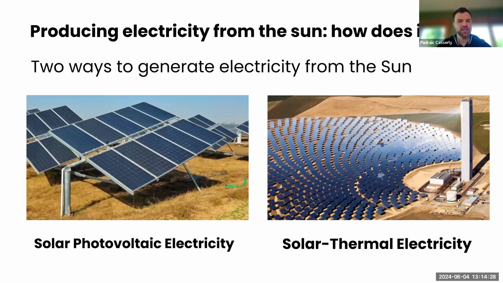But for the purpose of today's talk, I'll be talking about solar photovoltaic electricity, or solar PV electricity, which is the generation of electricity from a material which reacts with sunlight to produce current.